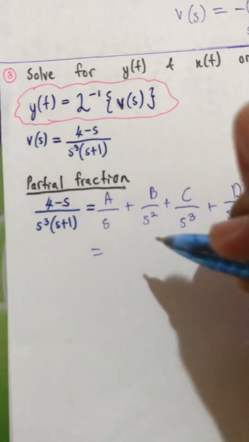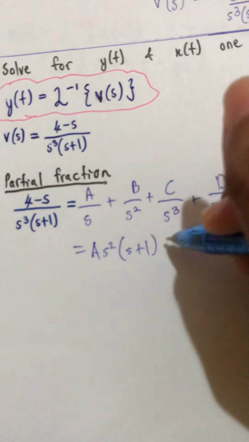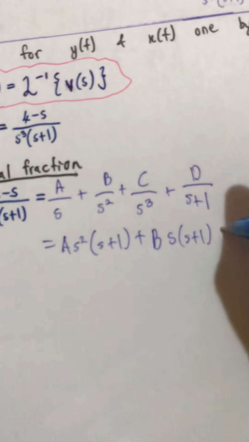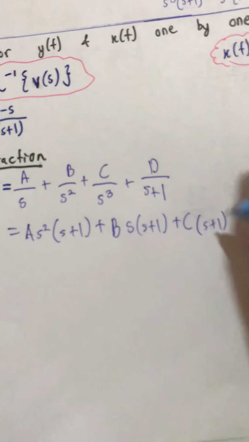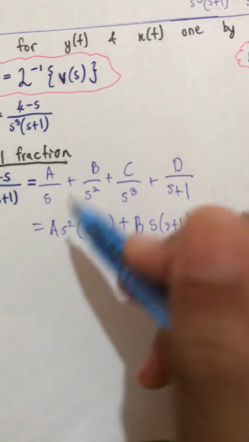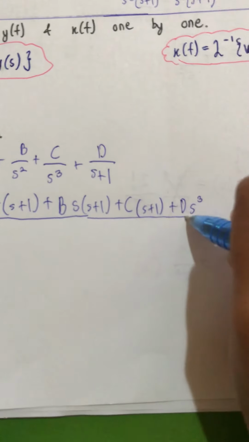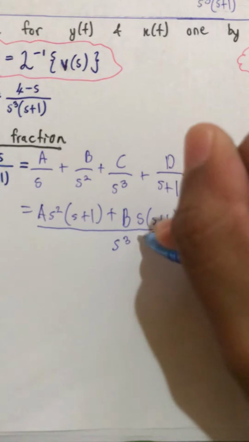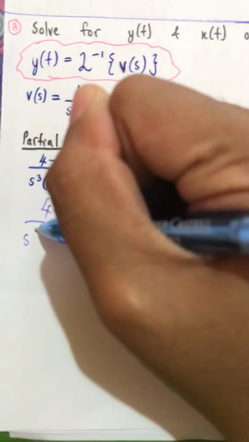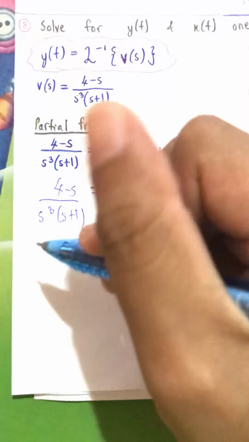So we solve this, so we get A s square s plus 1 plus Bs s plus 1 plus C s plus 1 plus D s cube, over s cubed s plus 1, and the right side 4 minus s over s cubed s plus 1. And then we try to solve this.